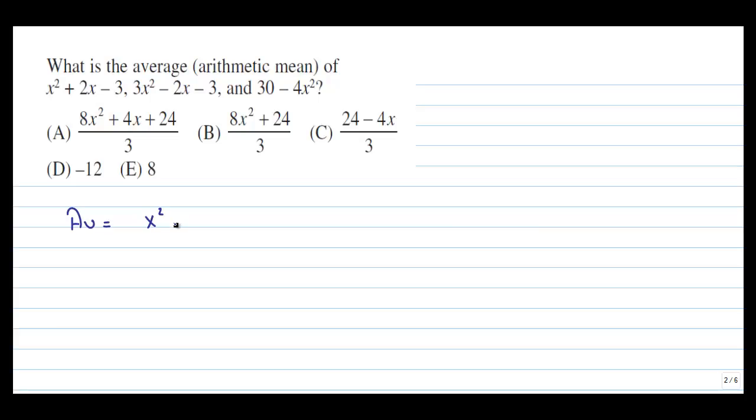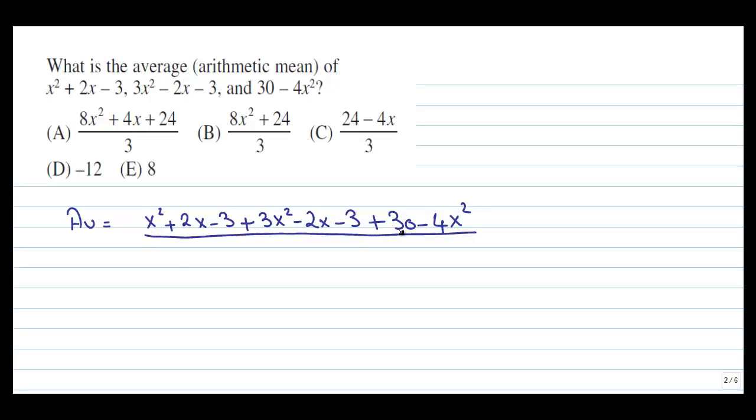You just add the given polynomials. We add them, so we find the sum. It's 3x squared minus 2x minus 3 plus 30 minus 4x squared. Then we divide by the number of polynomials. Here we have three polynomials, so we have to divide by 3.